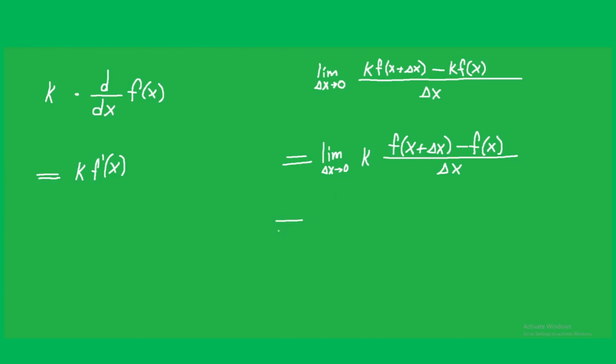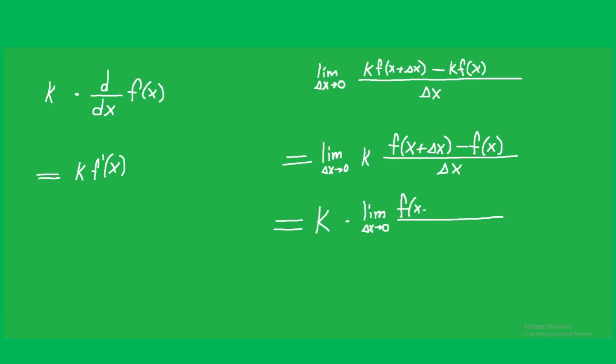Since k is a constant and it is unaffected by any limit here, k can be factored out of the limit. And then we have k times the limit. These steps are kind of unnecessary. You can just skip to the end if you see it, but I want to be rigorous here. So I'm going to go through all of it, and then we're just going to rewrite our difference quotient here.